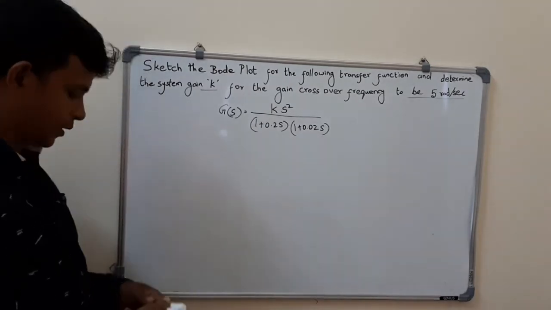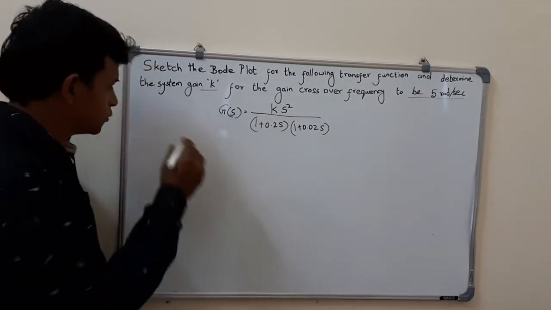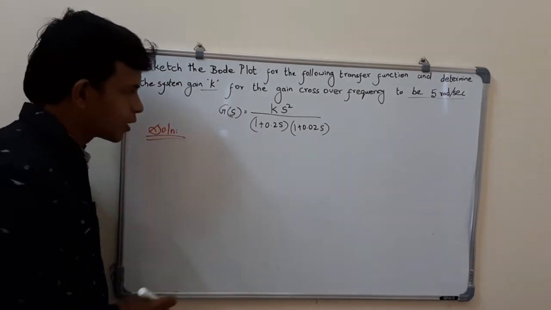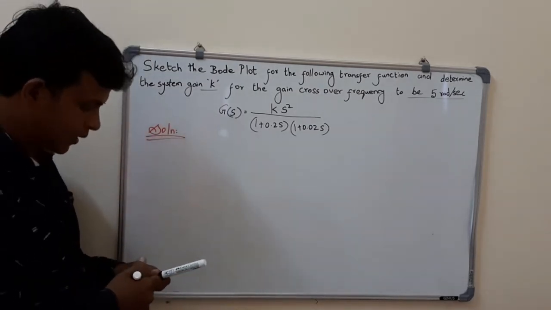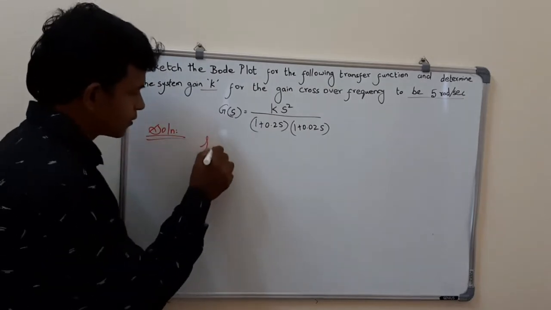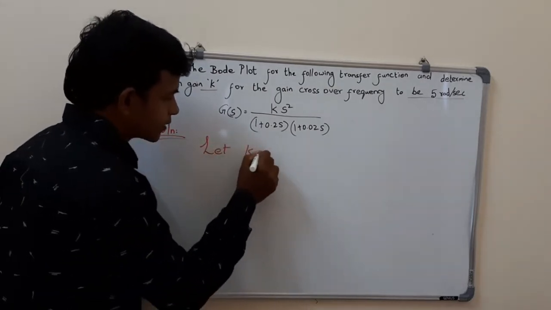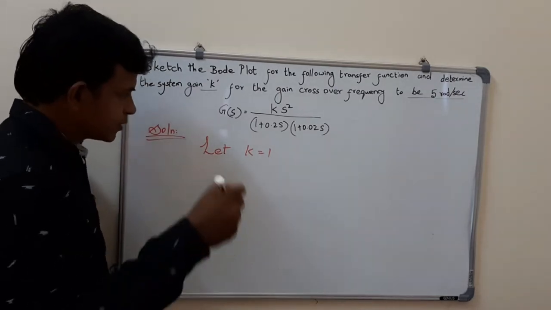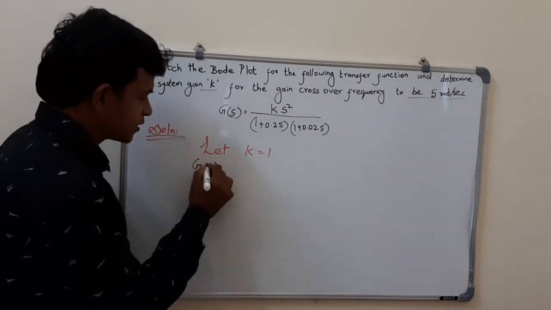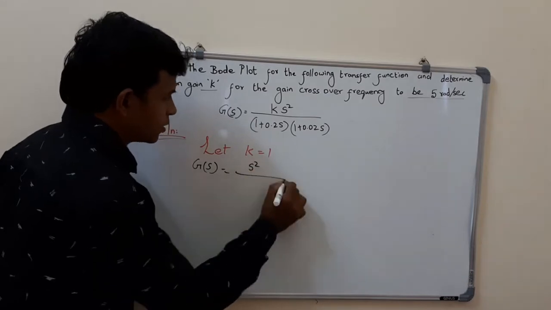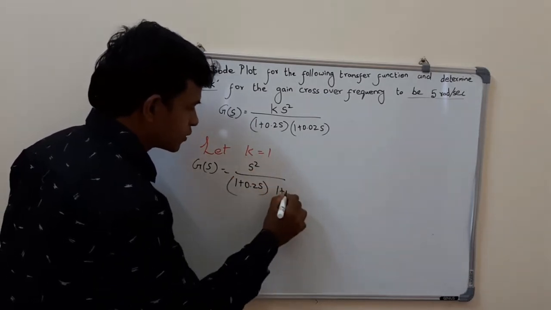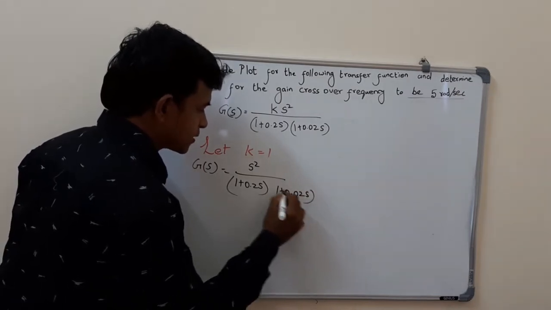Now let us go for the solution. G of S is given. Let us assume K to be 1. So G of S becomes S square divided by (1 plus 0.2 s) into (1 plus 0.02 s).